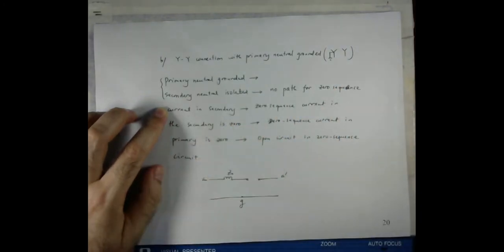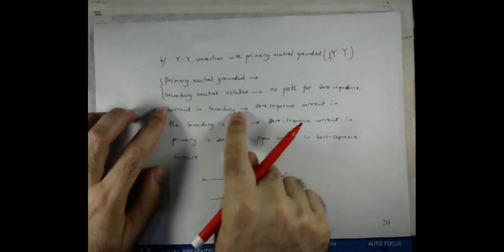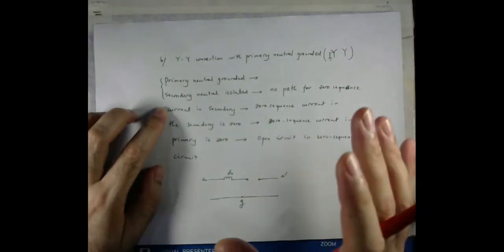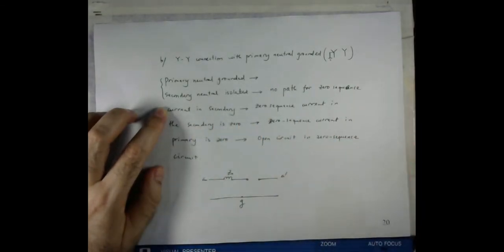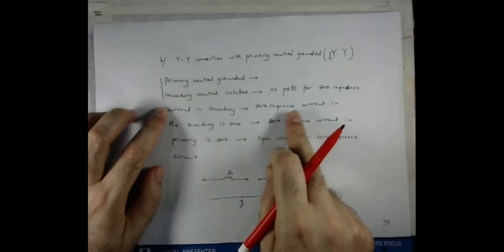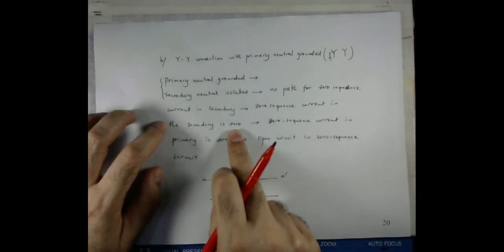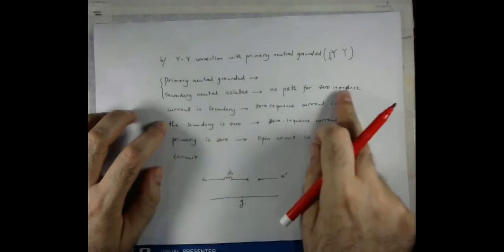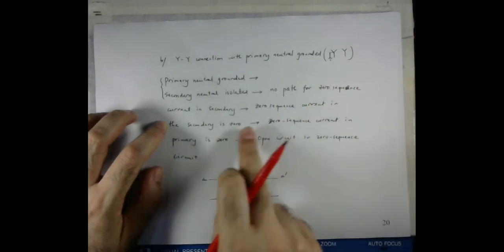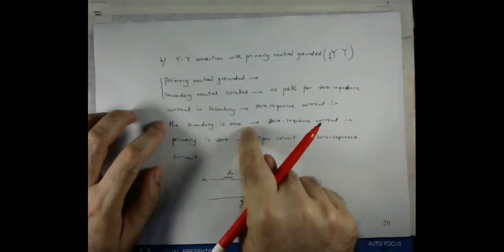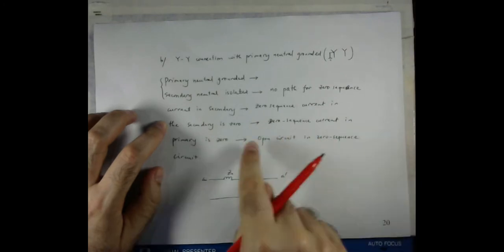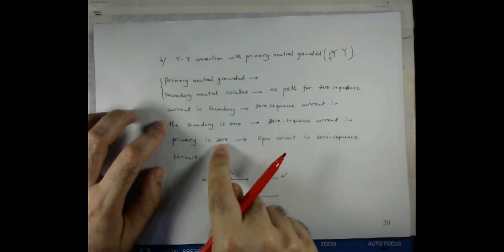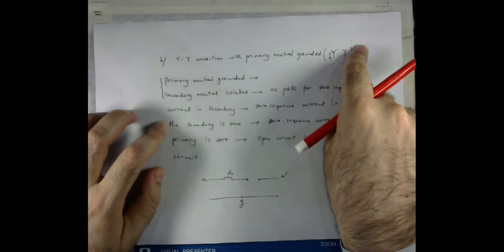So the zero sequence current in the secondary side is zero because there is no path to the ground, which means that the zero sequence current in the primary is also zero, because both are Y connected.